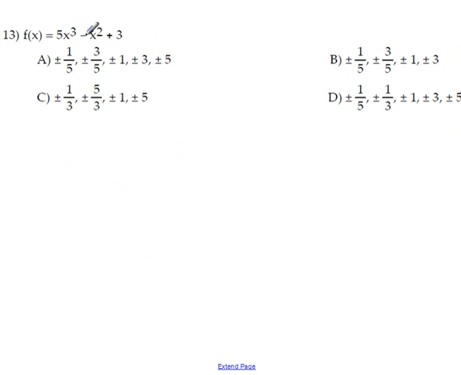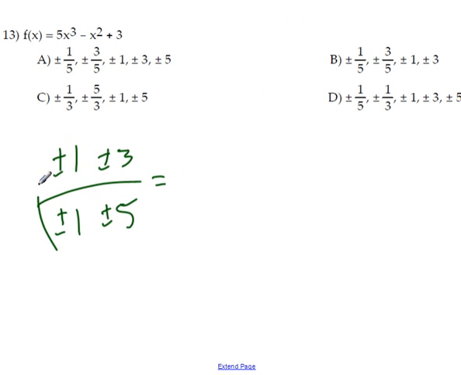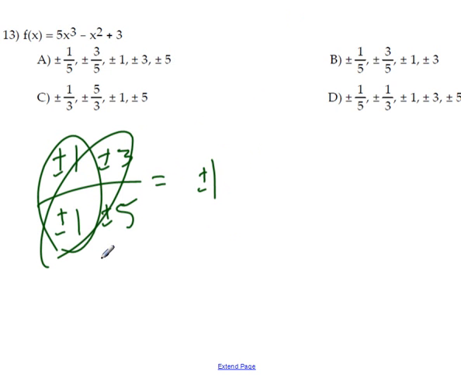Alright, this one's going to be a little bit trickier because our back number has plus or minus 1 and plus or minus 3, but our front number has two choices, plus or minus 1 and plus or minus 5. So we're going to have to do a little bit more work. The way this is going to go is 1 over 1 just makes 1, so there's plus or minus 1. 3 over 1 makes 3, so there's plus or minus 3.